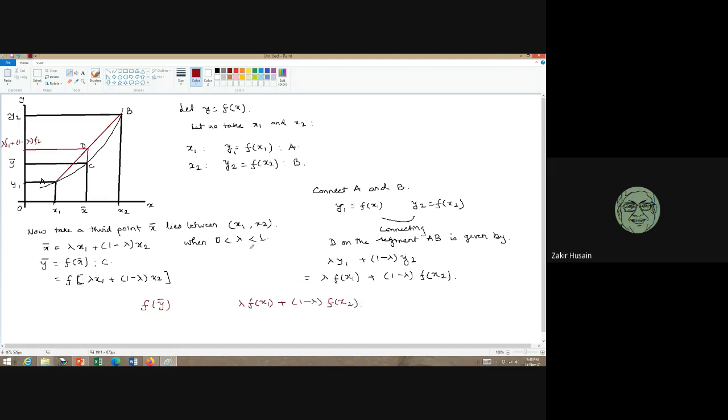Which is larger, D or f of x bar? If the curve is like this, whatever x bar we take, see, x bar simply represents the choice of lambda. If we change lambda, x bar will move either this side or this side. So any point over here, this property will be satisfied.